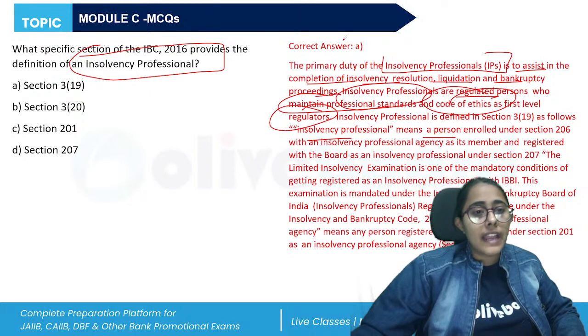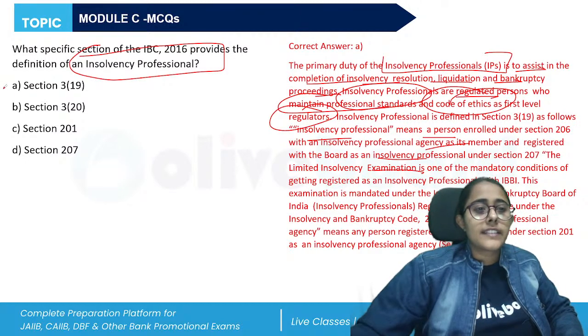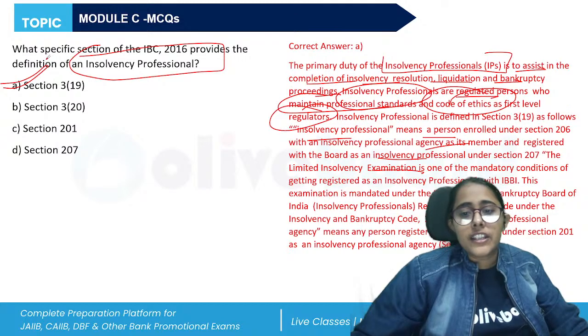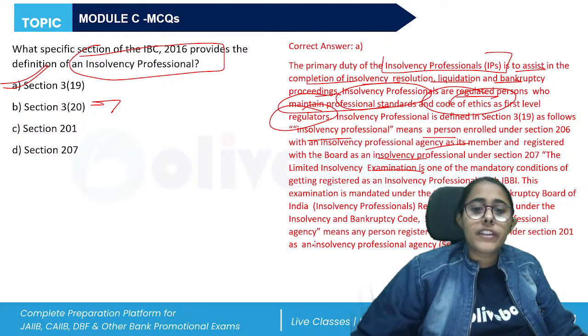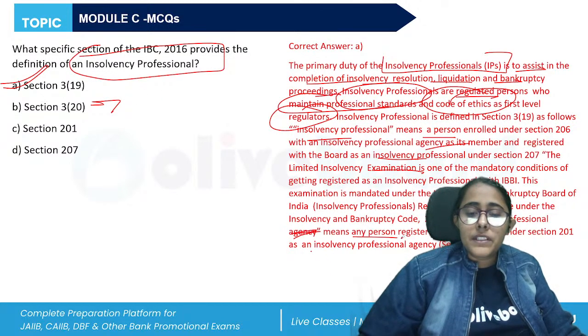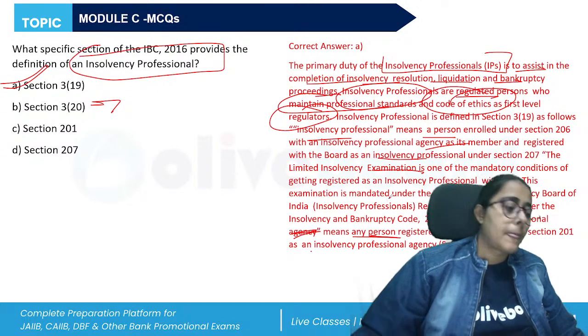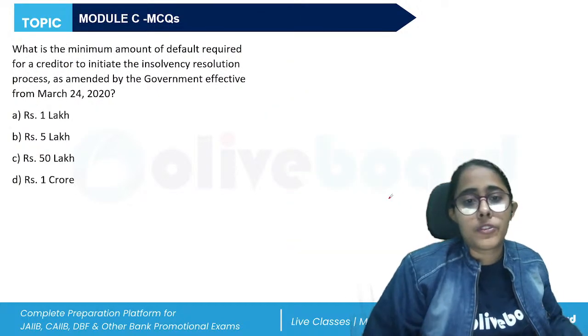The definition is under section 3(19), and then other sections are there according to their agency, their procedure, and so on. So the correct answer is section 3, subsection 19. All right. Then the definition under section 3(20) is given of the insolvency professional agency. Any person registered with the board under section 201. Okay, so the correct answer is option A.